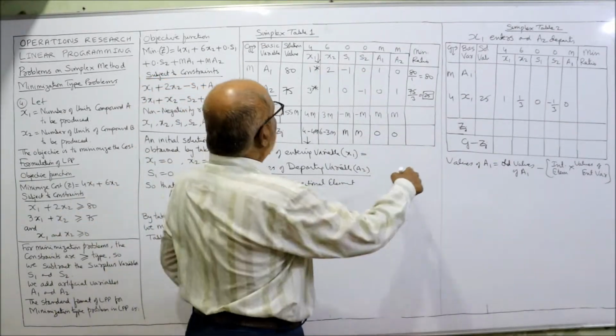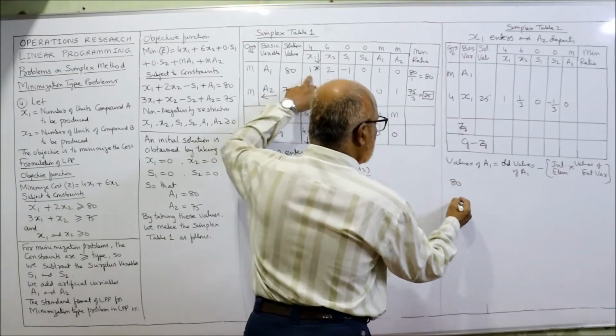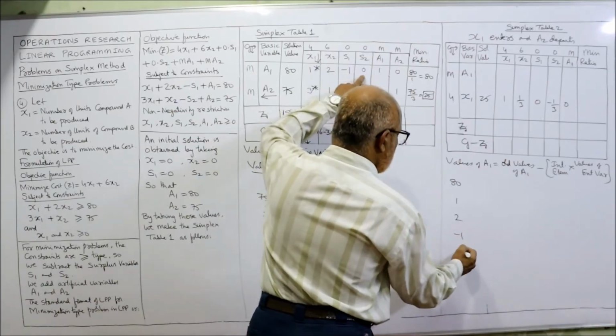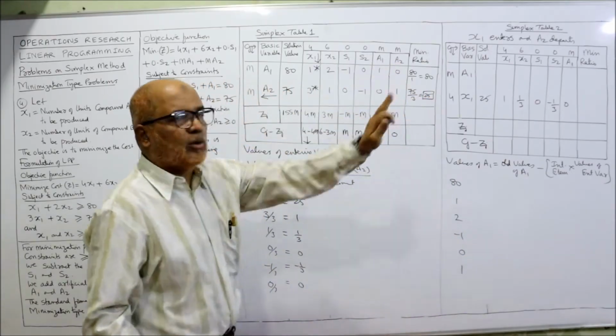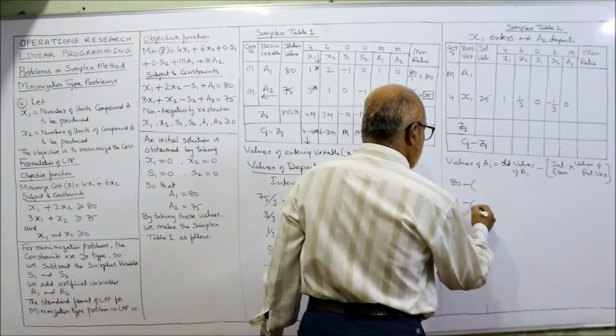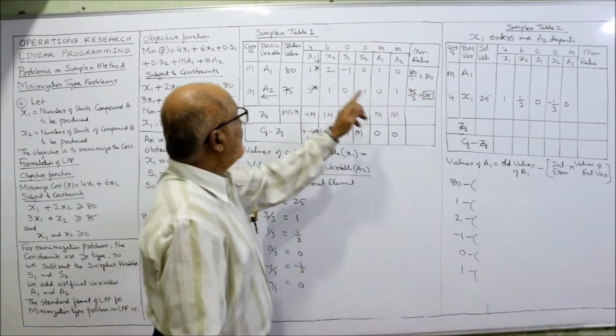So the old values of A1 are 80, then 1, then 2, minus 1, 0 and 1. We are not taking the value of A2 because we don't have the column of A2. Minus the intersectional element of A1.